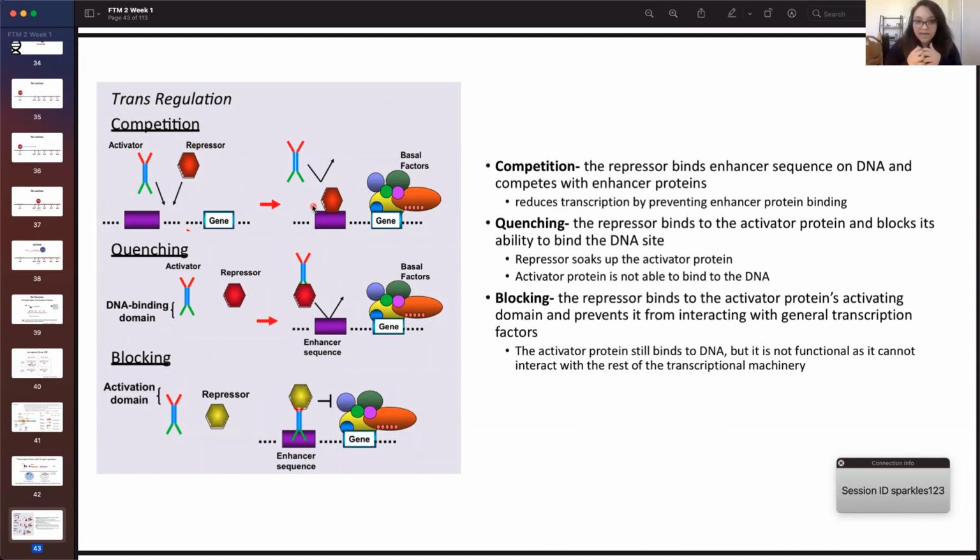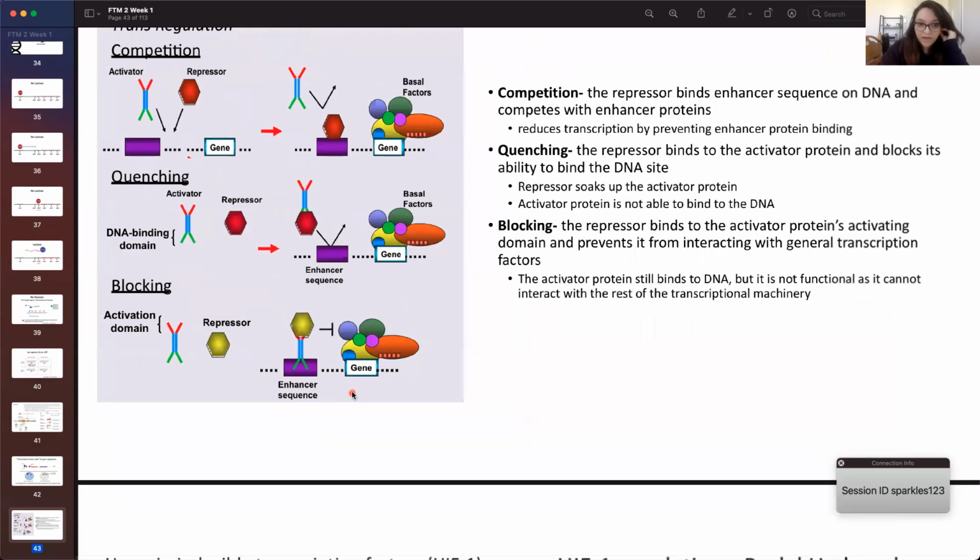So you're going to get decreased transcription because at some places the repressor will bind, at some places the activator will bind, depending on what ends up getting that spot. With quenching, the repressor is going to bind to the activator, and it's going to block the ability for it to bind to that site. So there is no transcription possible because it's just sitting there and nothing else can bind there. So nothing is happening.